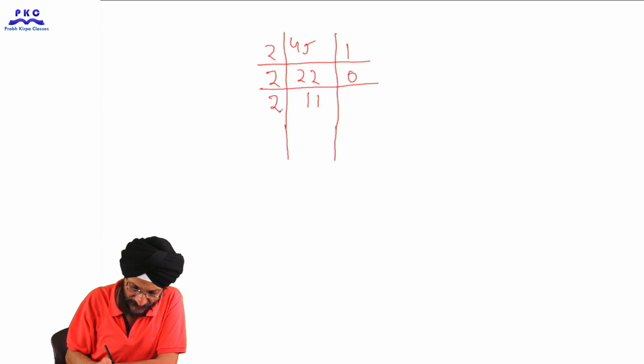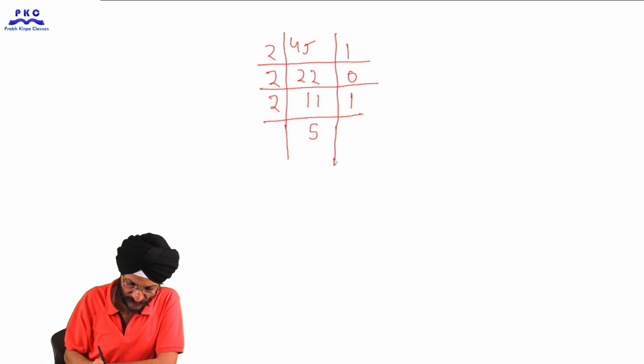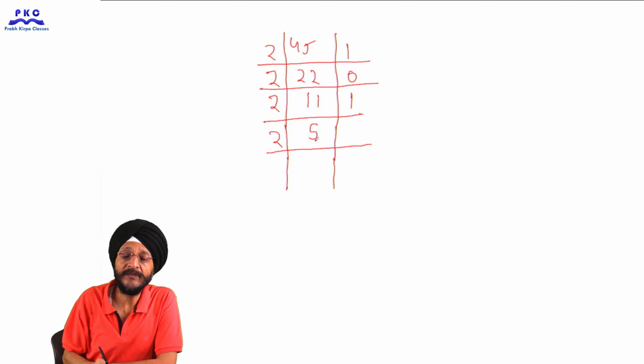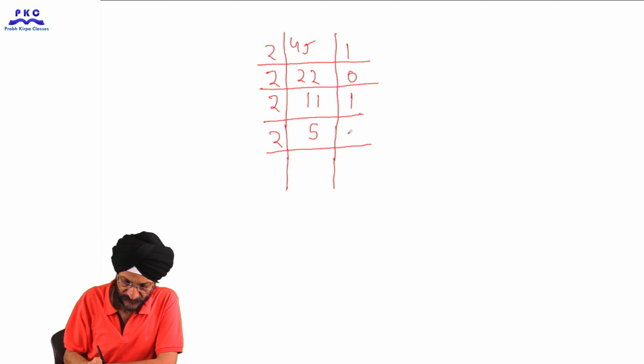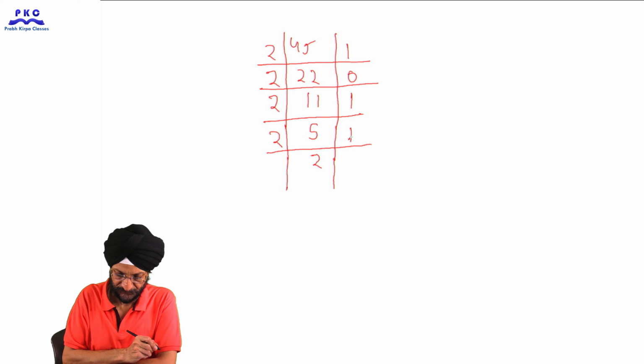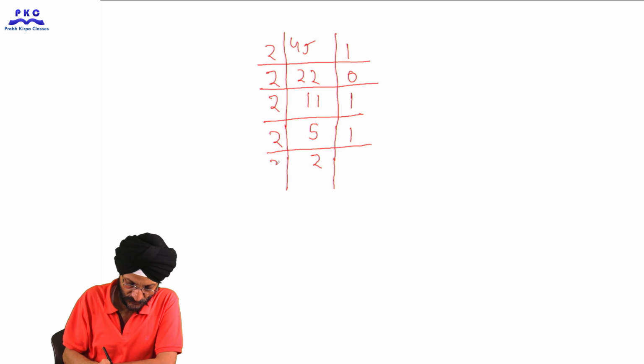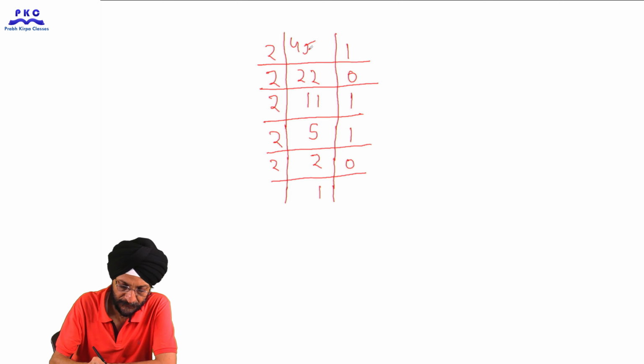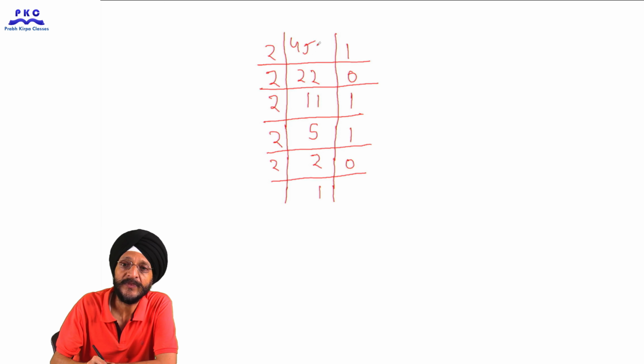Now 11 divided by 2, the remainder is 1. 5 divided by 2, the remainder is 1. Then 2, the remainder is 0. Here, each time, whatever value we get is divided by 2.